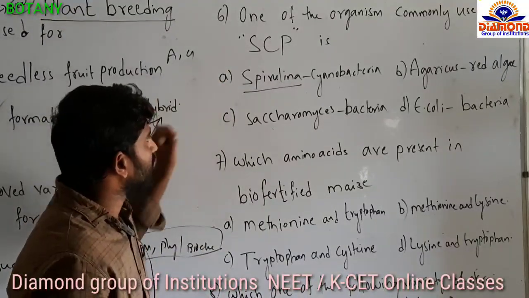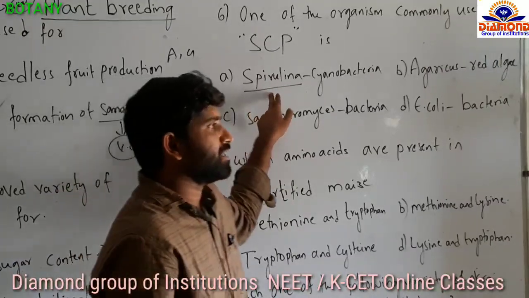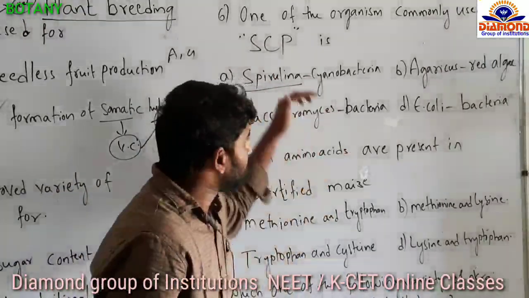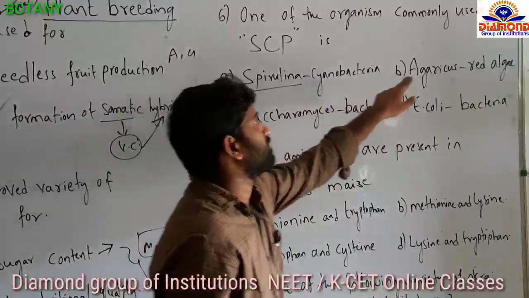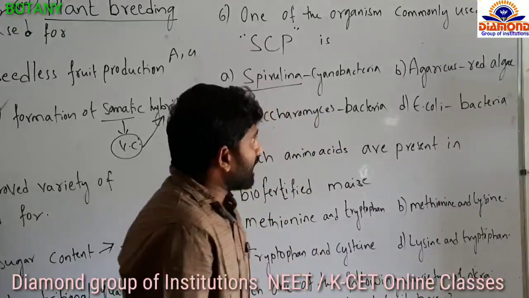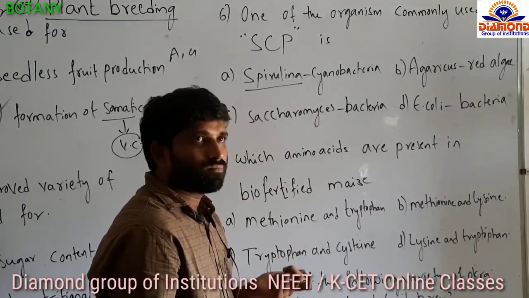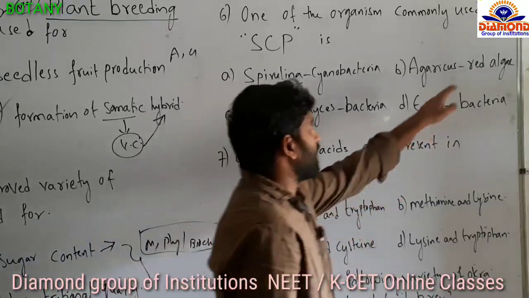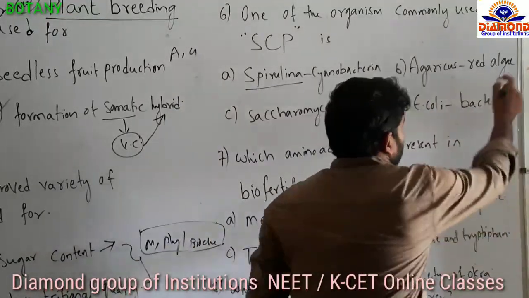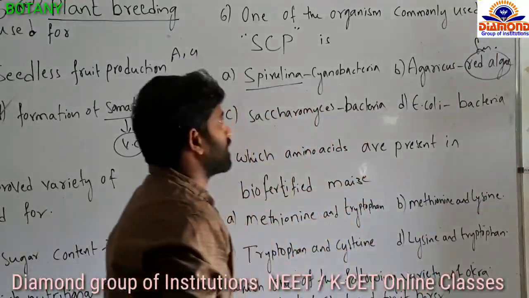Option A, Spirulina, is a single cell organism, a cyanobacterium. Option B, Agaricus, red algae: Agaricus is a fungus, the edible mushroom, and it does not belong to the red algae. So it's a mismatch and not correct.